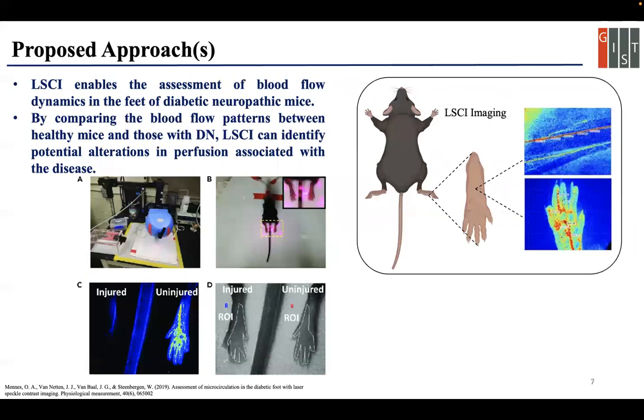And now, as I have said before, in the LSCI imaging, I want to find out the exact amount of blood flow changes in the mouse hind paw so that we can have a better diagnosis. By comparing these blood flow patterns between healthy mice and those with diabetic neuropathy, we can establish the potential alteration in the perfusion associated with this diabetic neuropathy.